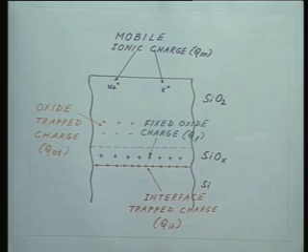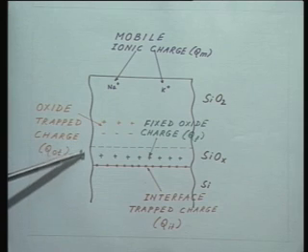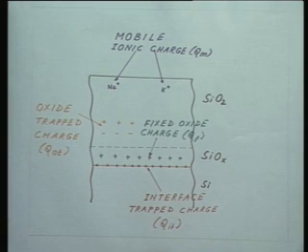The other major non-ideality is a little distance away from the interface in the oxide. This distance is about 100 angstrom or so, marked with green, and you will notice I have put only positive signs there.